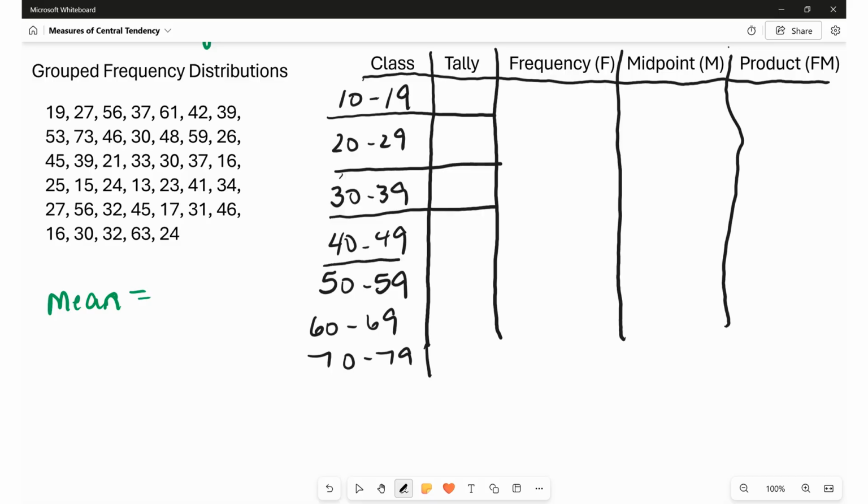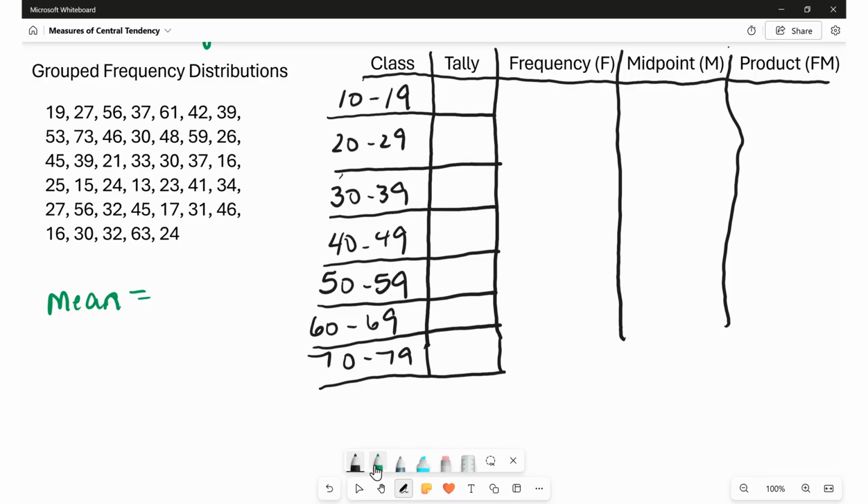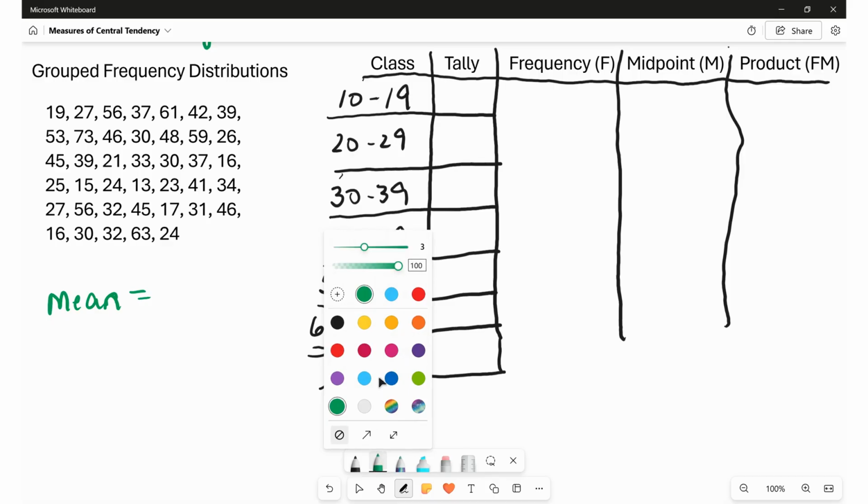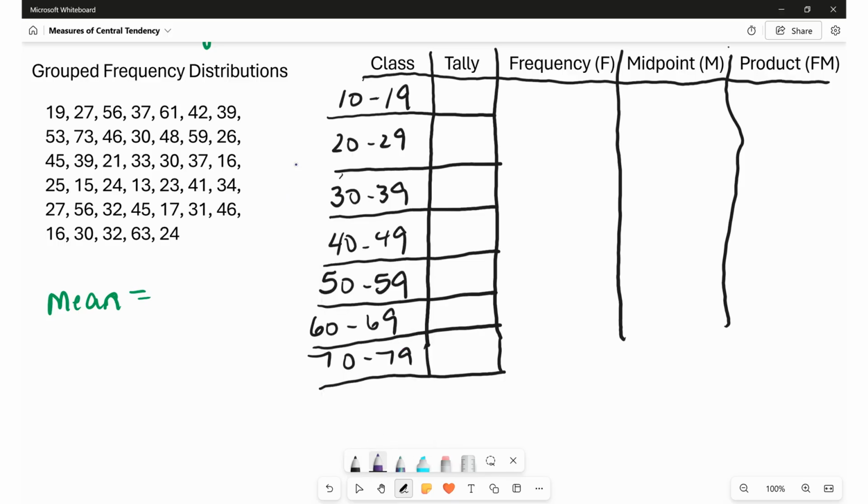And what we're going to start out by doing is we are going to see how many of these data points are in each one of these sections. So our first one, 19. Well, that's in our first group.